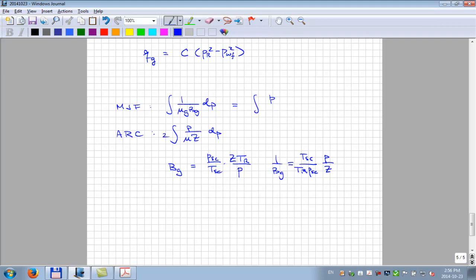So you've got P over mu Z times TSC PSC TR. So you can see they're the same thing. They're just this constant difference. So it's the same thing.